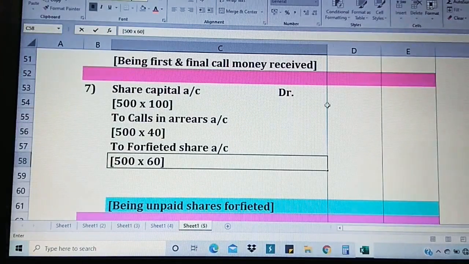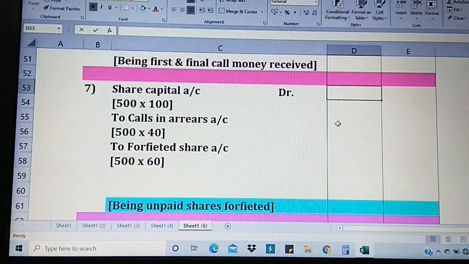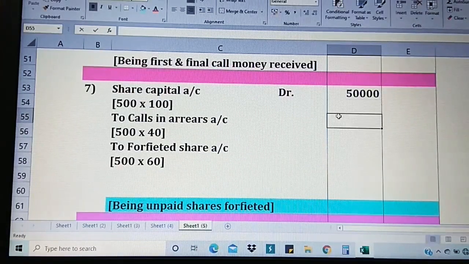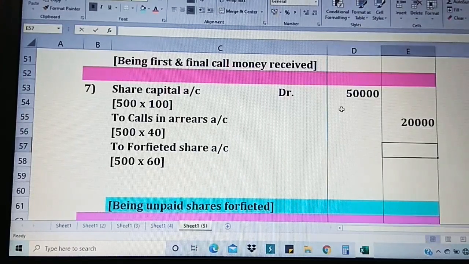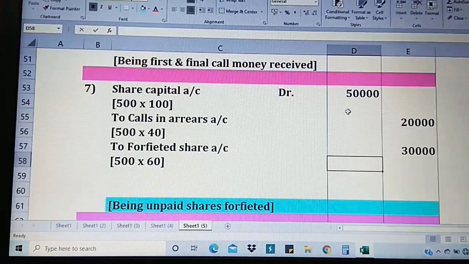This is very simple, so just concentrate. 500 into 100, 50,000, calls in arrears 20,000, so balance is 30,000. Just because 20,000 is not received or is unpaid by one of the shareholders, the remaining balance, the complete 30,000, is cancelled.